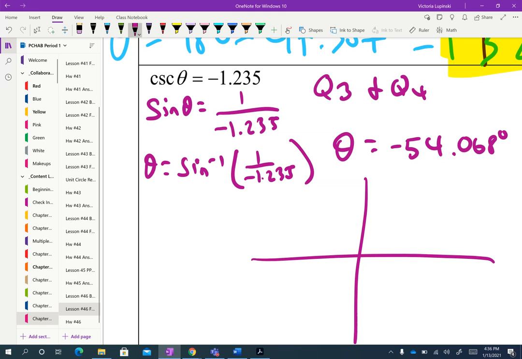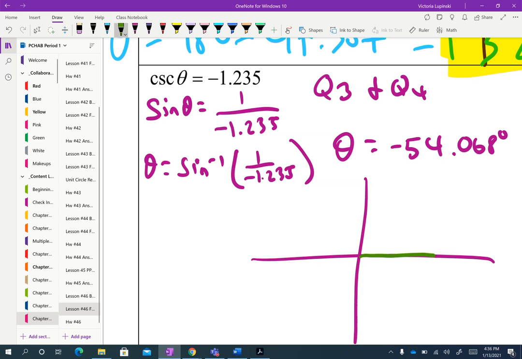So you have to find the coterminal angle or the equivalent angle. So go ahead and start by thinking about where negative 54.068 would be. So that would put you here. But again, you're assuming that you would have started in standard position.